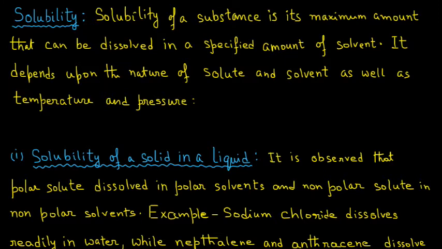So let us again see the definition. Solubility of a substance is the maximum amount which can be dissolved in a specified amount of solvent. So here we have taken 1 glass of water.